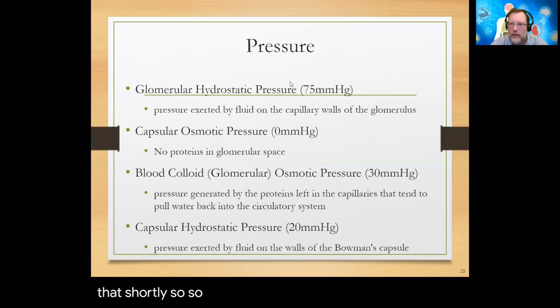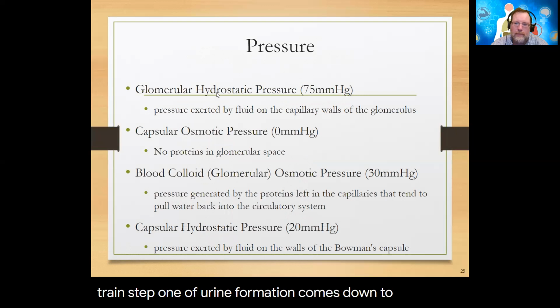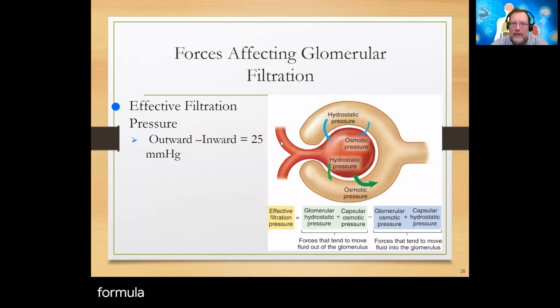So we're on the filtration train. Step one of urine formation comes down to basically a formula that looks complicated, but it's very simple. It's called effective filtration pressure.